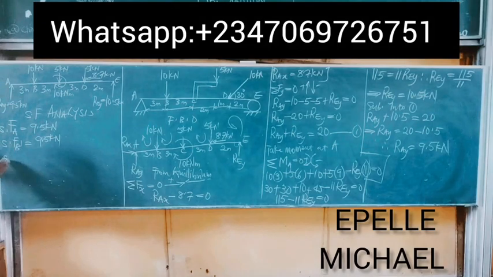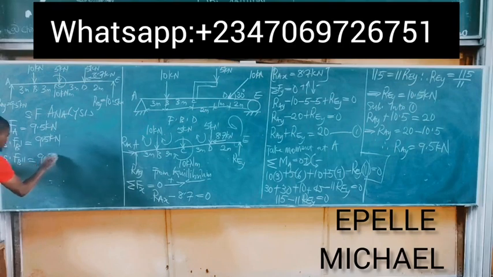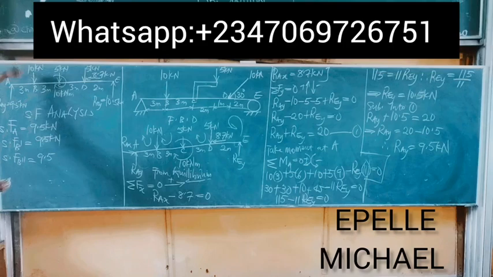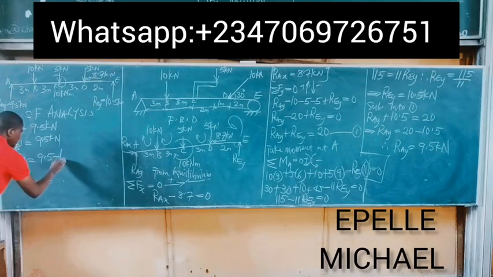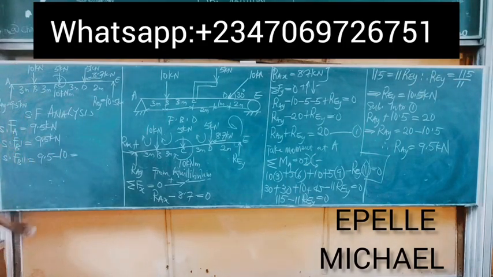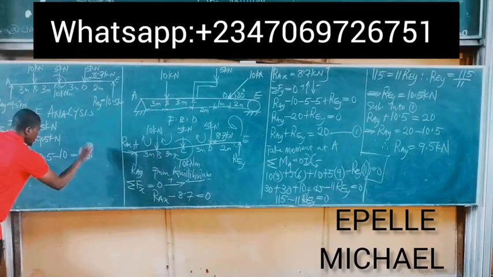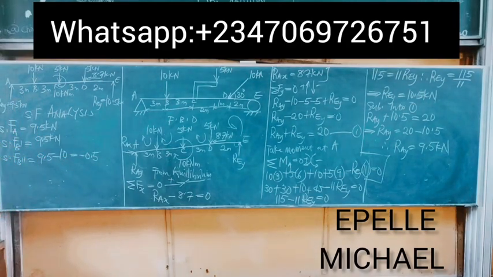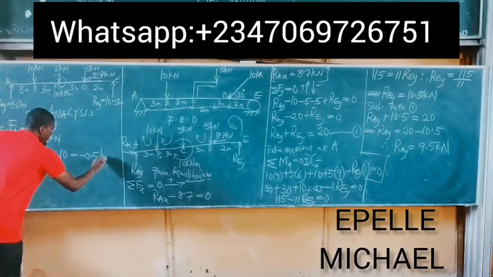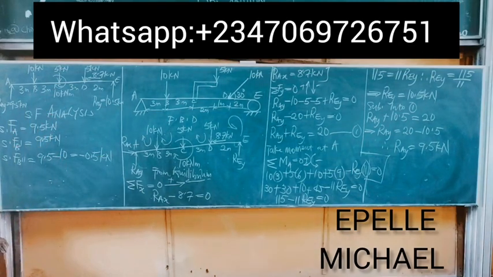So we now indicate shear force B prime prime, which means finally at point B, this force of 9.5 kilonewtons encountered a downward force of 10 kilonewtons. Since this force is downward, simply subtract 10. I will simply have this value to be minus 0.5 kilonewtons.